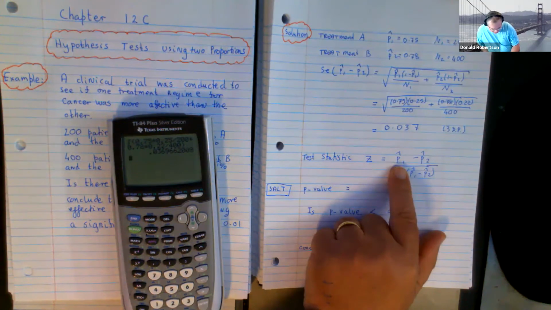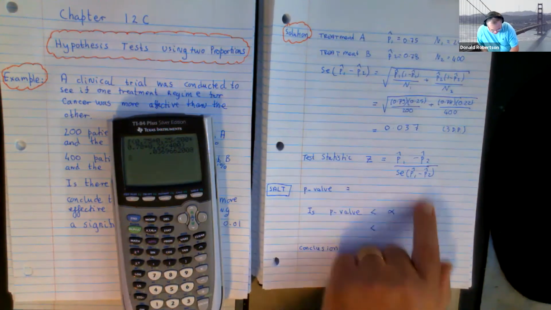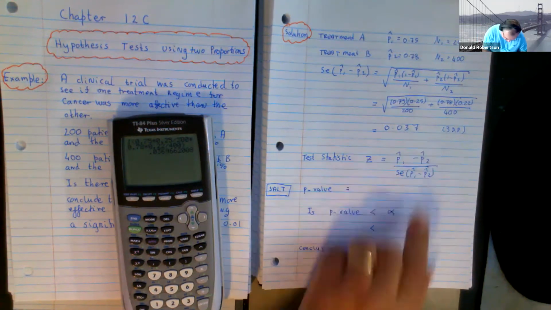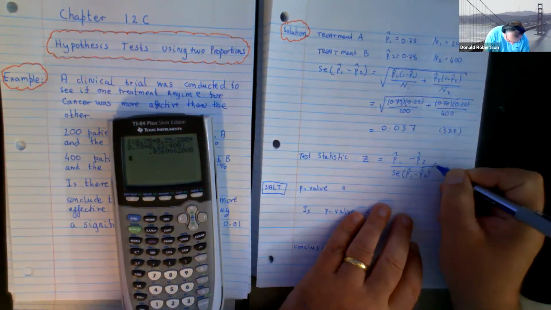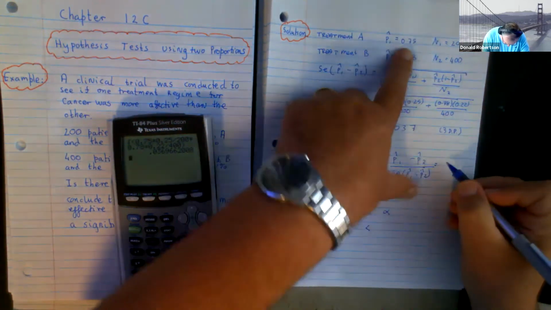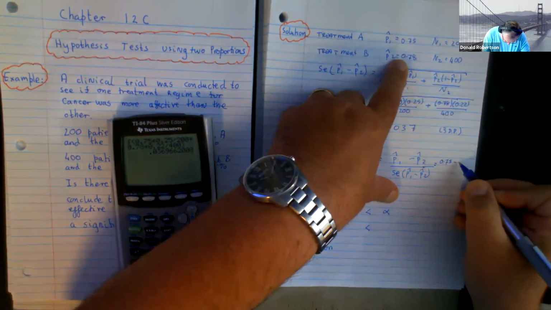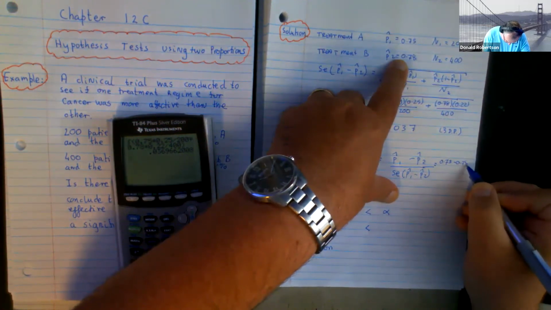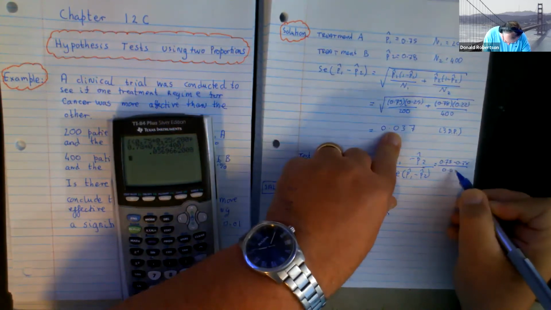It's p1 hat take away p2 hat, so it's the difference between these two, divided by the standard error. So in this particular case, it's going to be 0.75 take away 0.78, and it's going to be divided by 0.037.